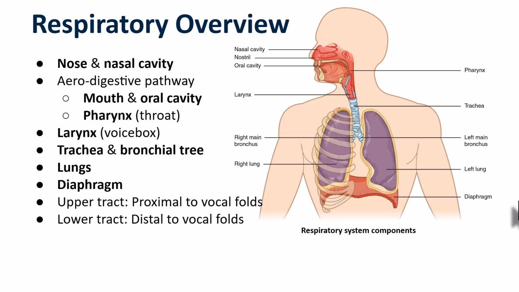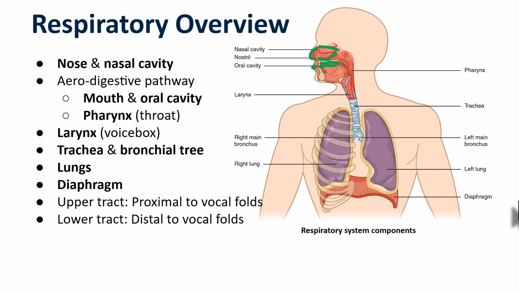So first, let's start with the conductive pathway of air. Air can be drawn into the body or exhaled from the body through the nose and the mouth. The nose is contiguous with a nasal cavity, and there are some things that are happening there which we'll discuss. The mouth is contiguous with the oral cavity.